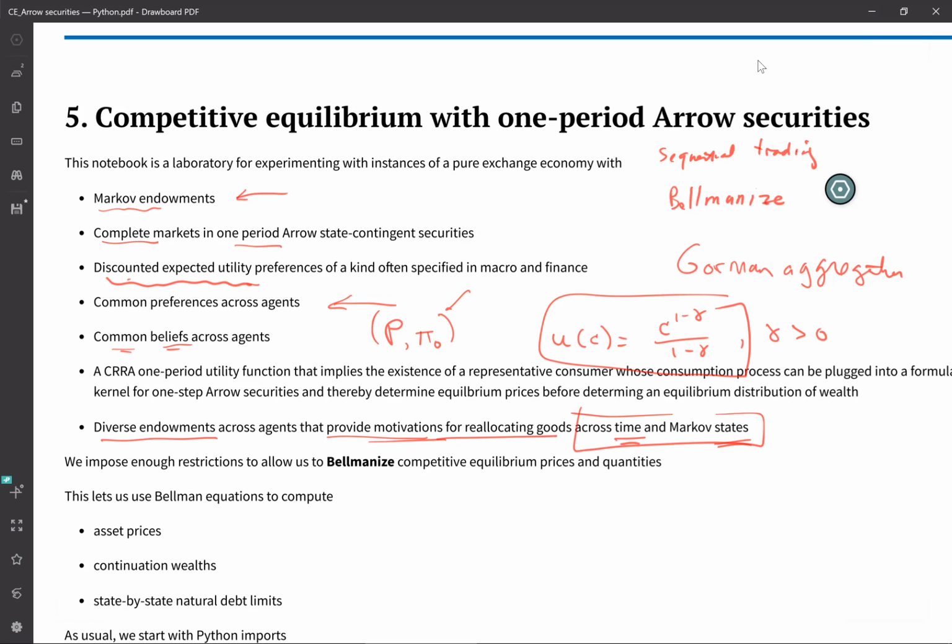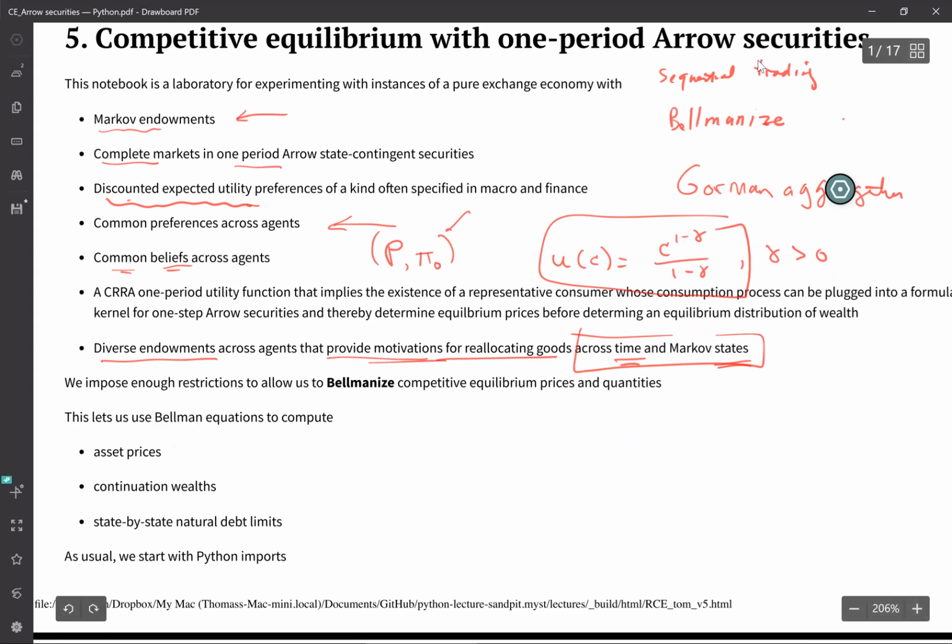So we're going to impose enough restrictions so that we can Bellmanize. We're going to write down Bellman equations over and over again. All I mean by a Bellman equation is something that says a value function of something today consists of a payoff function today plus some kind of expected value, maybe discounted, of a value function tomorrow.